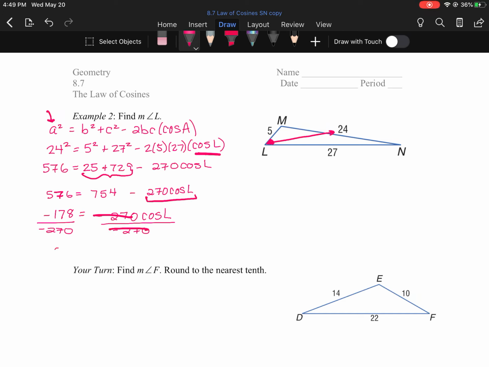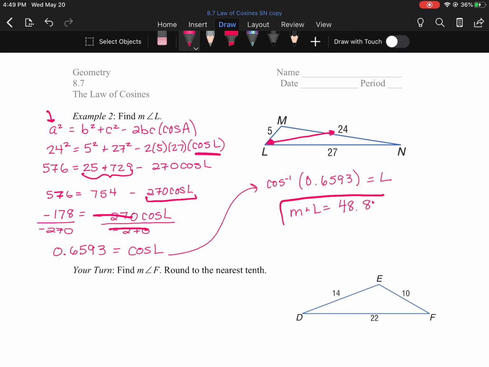So I end up getting a positive 0.6593 is equal to the cosine of L. And then I have to do the cosine inverse of both sides. And once you do that, you should get that the measure of angle L is approximately 48.8 degrees.